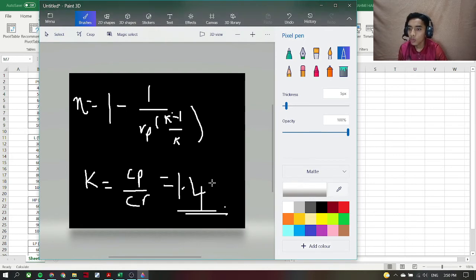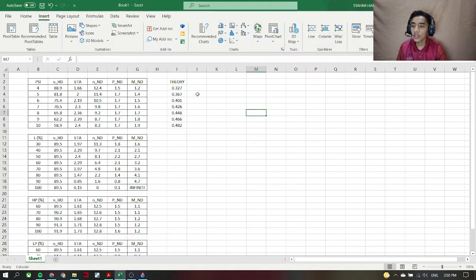So the 1.4 we will put as the value K in the equation for the thermal efficiency for the theoretical value. So now we will do the graph.